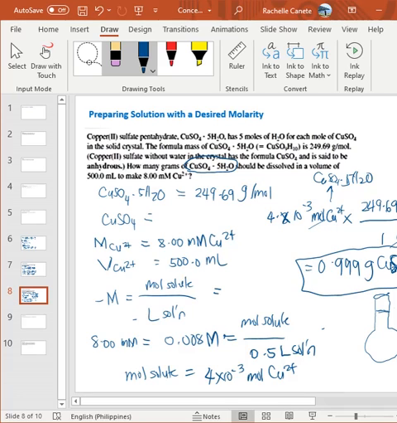So you weigh 0.999 grams using an analytical balance. Remember, it should be an analytical balance, not just a top-loading balance. You dissolve that in a little distilled water, and then you transfer it here.